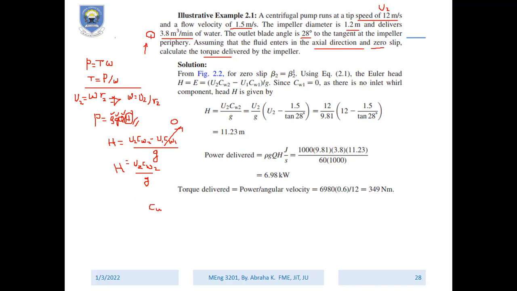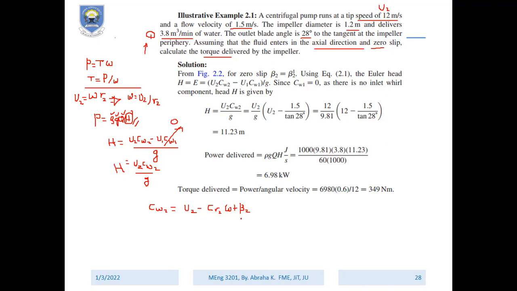We have to calculate CW2 also from the velocity triangle. It was given by U2 minus CR2, the radial flow at the exit, multiplied by the cotangent of beta 2, the blade angle at exit.